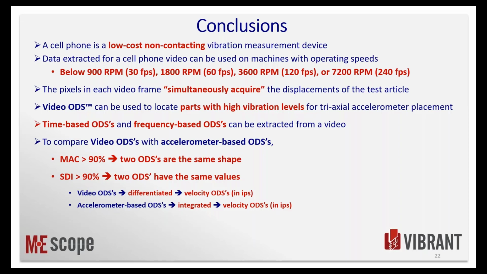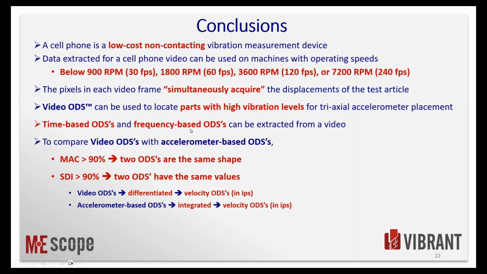Okay, we talked about the pixels being simultaneously sampled. Again, they are simultaneously sampled in a more expensive video camera, but you're talking $10,000, $20,000 for the camera, whereas you've got a camera right in your pocket. The video ODS, we looked at them in different ways. We can look at it in a time domain, a frequency domain, and it will show us where good spots are to put a triaxial accelerometer.